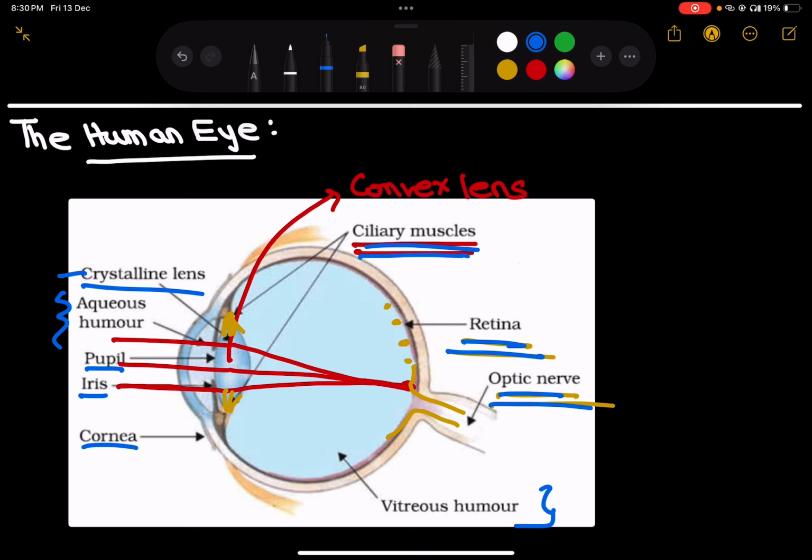So to moisten it, the liquids are present. Between the cornea and the eye lens, or you can say between the cornea and the iris, aqueous humor is present. And between the eye lens and the retina, vitreous humor is present.